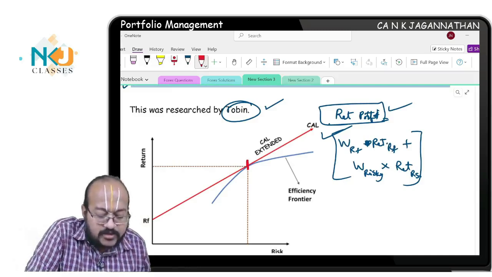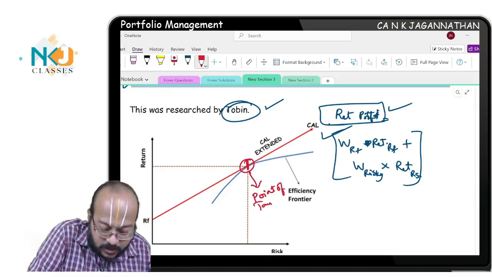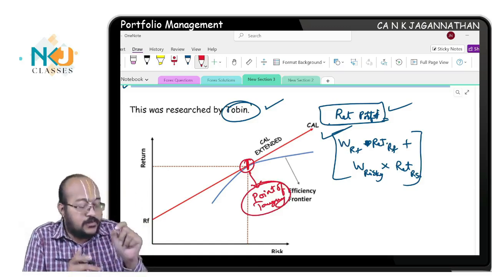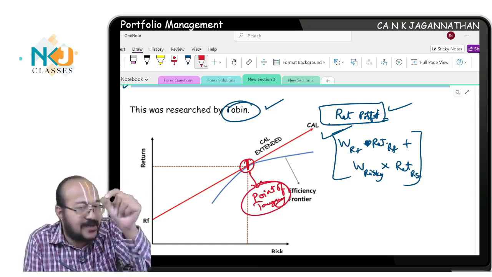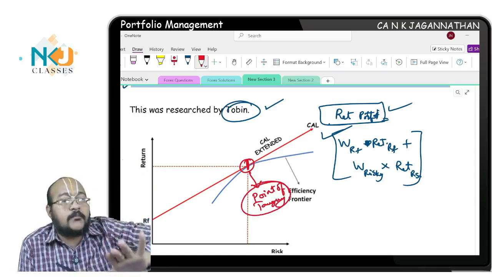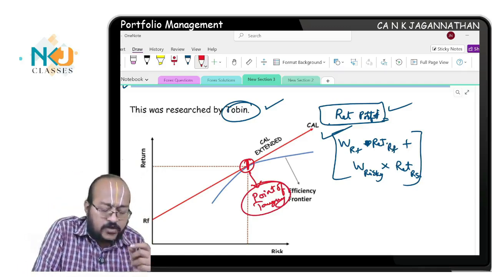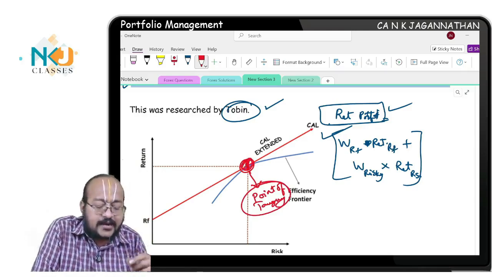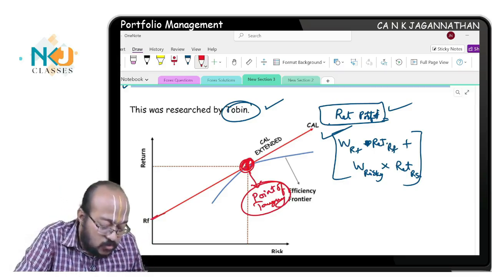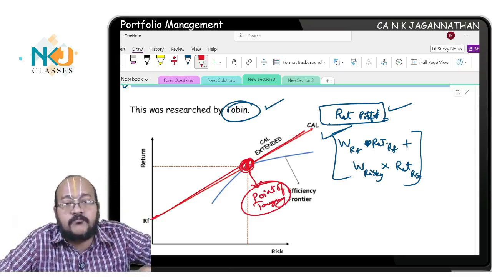This is called the point of tangency. The portfolio lying exactly at the point of tangency is indifferent between the capital allocation line and the efficiency frontier. As per Markowitz portfolio theory, whichever portfolio you select that lies exactly at the point of tangency means these two lines meet each other, the capital allocation line and the efficiency frontier touch.